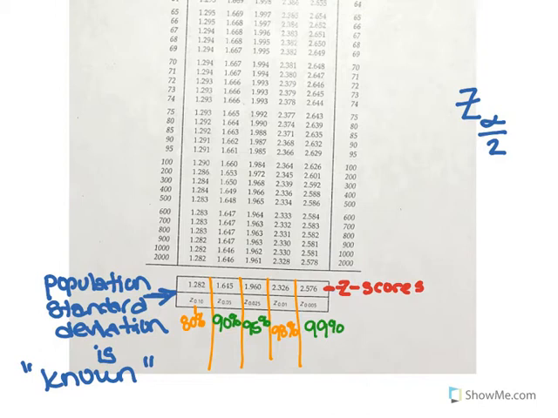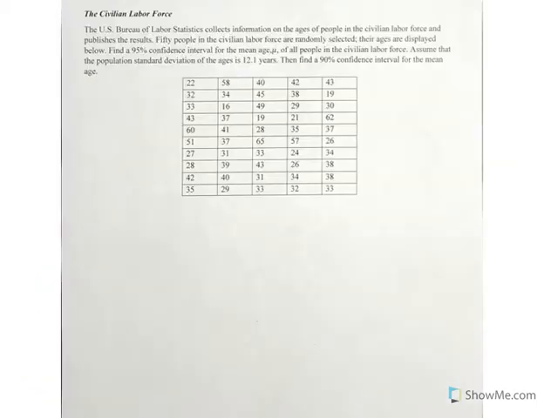Okay, so I'm going to go back up to the problem. It wants us to first find a 95% confidence interval, so keep that in mind. Now, the very first thing you need to come up with is the mean.